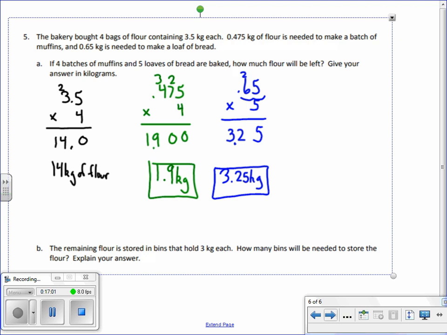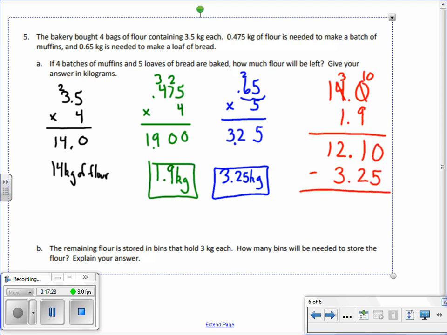How much flour will be left? So we started with 14, and we're going to take 1.9 away. So that becomes a 3 and a 10. 1, 2, 1. So now I have 12.1. Then we're going to take away another 3.25. Add a 0. Okay, so this becomes a 0.